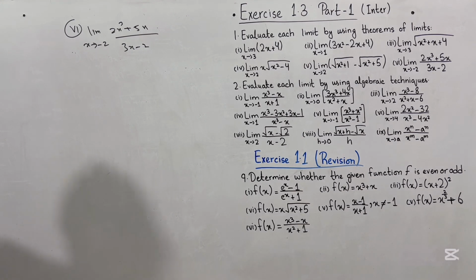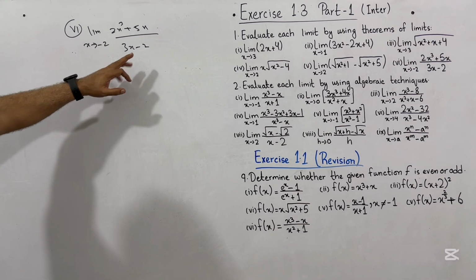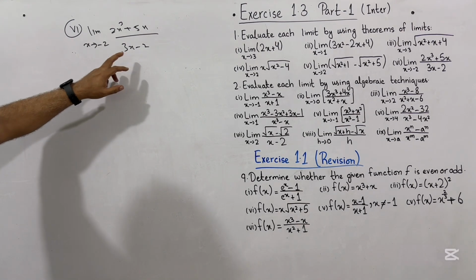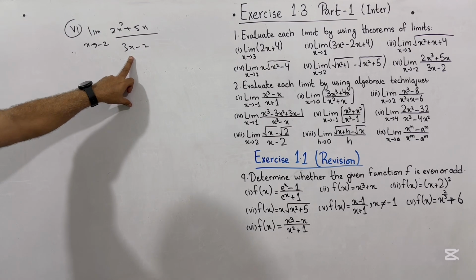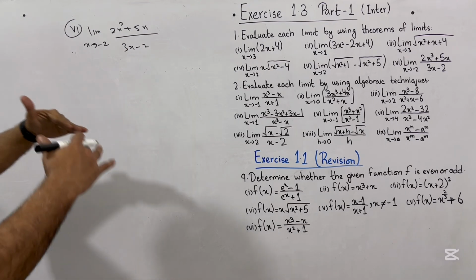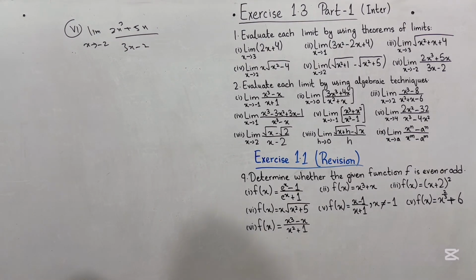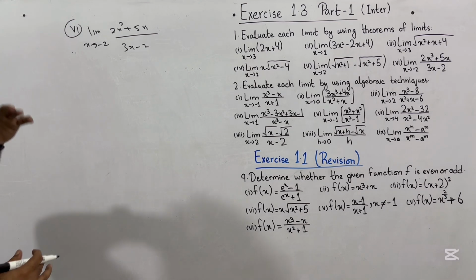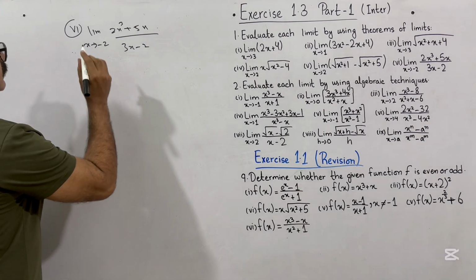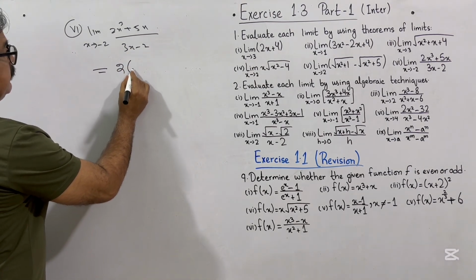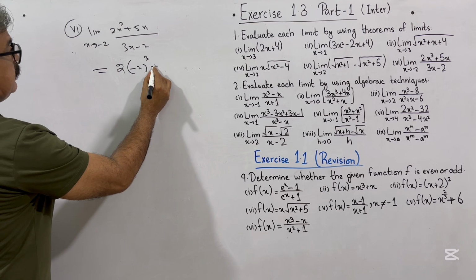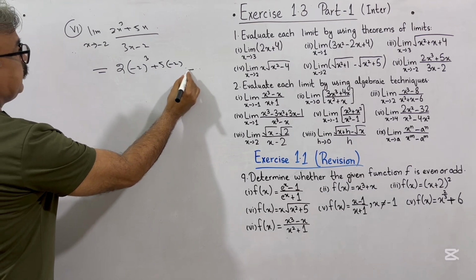Look at this, just check the denominator. There is a denominator. Go ahead. 3 times minus 2 is minus 6, minus 2, minus 8. The denominator is not 0. It is our determinate form, a defined form. Just put in the limit. We have to avoid 0 in the denominator. 2 times minus 2 cubed plus 5 times minus 2.